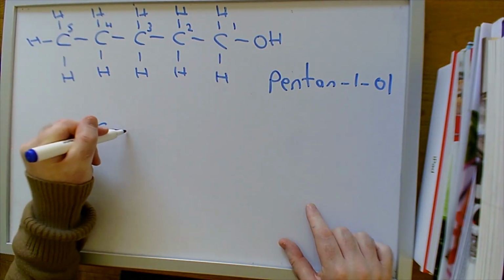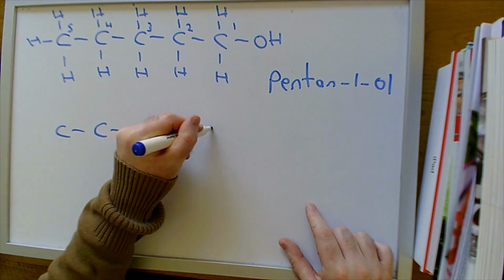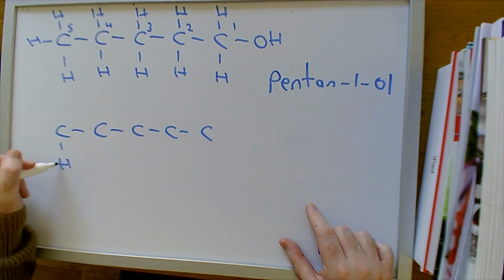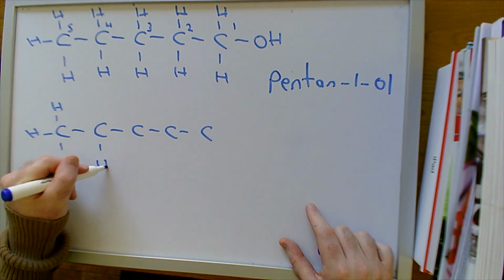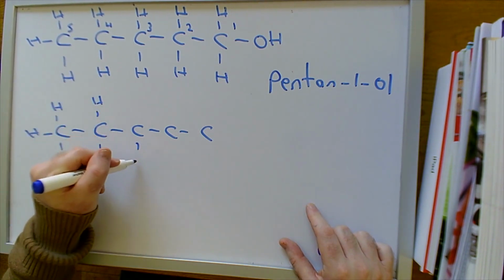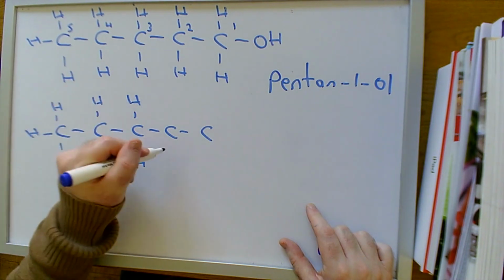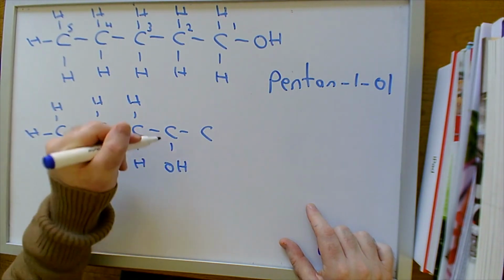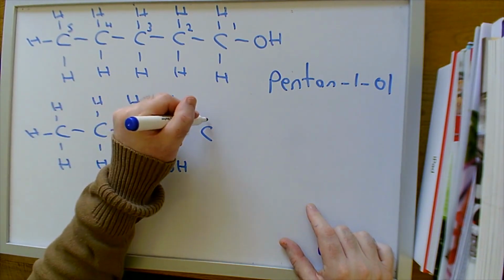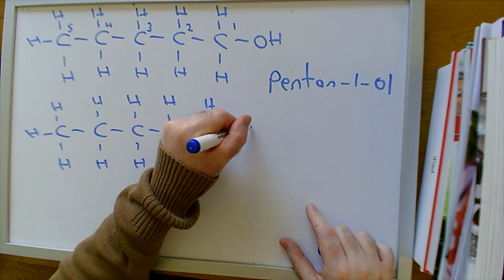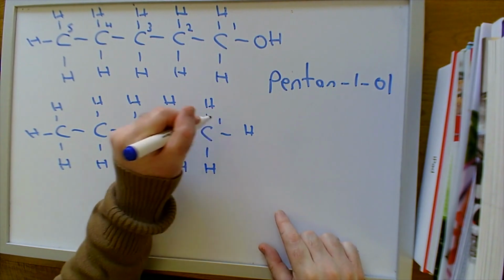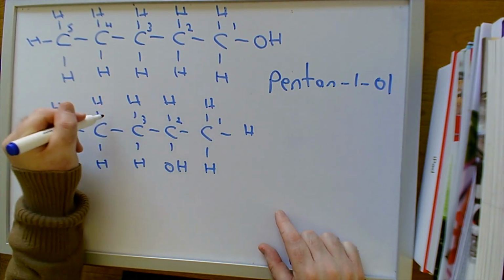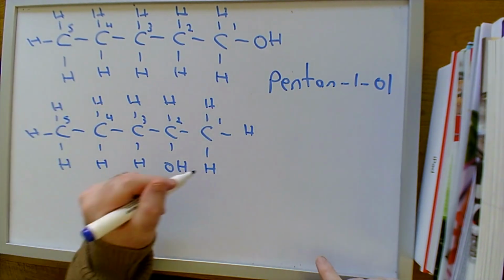pentan-1-ol. Now if I draw a 5-chain alcohol and put the OH group on a different carbon, I'm going to do that now. This time I'm going to put it on the next one along. So I put in the hydrogens, make sure each carbon has 4 bonds, and once again I number the chain so that I start nearest the OH group.